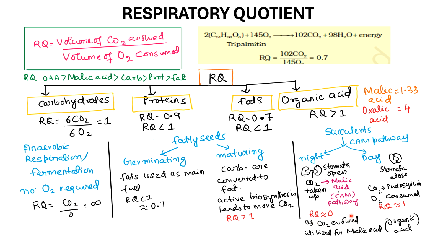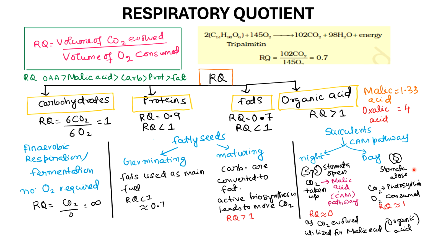In others, it becomes very minimal. In the daytime, whatever carbon dioxide is released during the conversion of malic acid is used for photosynthesis, and oxygen is also consumed in the process of respiration. So in total, you get RQ value almost equal to 1 in case of the succulents during the daytime.